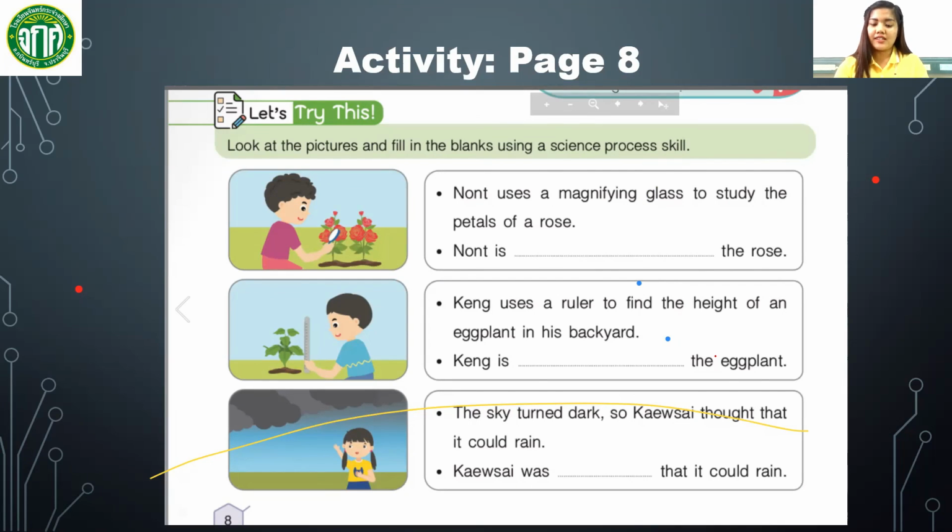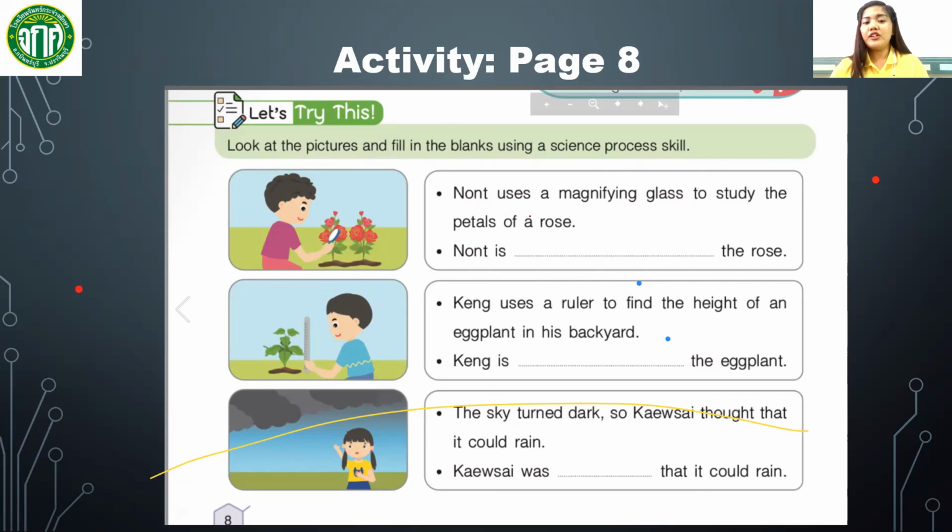Now we have an activity. It's located on page 8. Look at the pictures and fill in the blanks using the science process skill. We have here a boy using a magnifying glass.